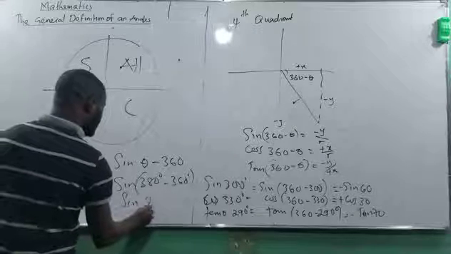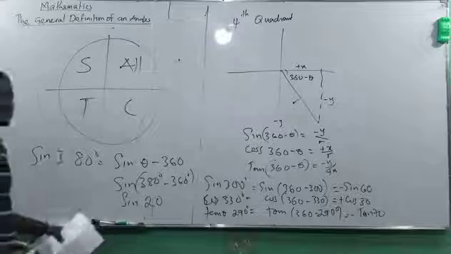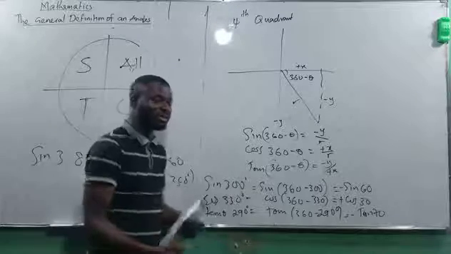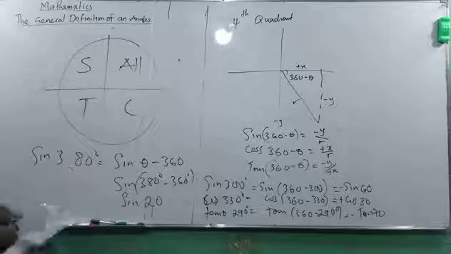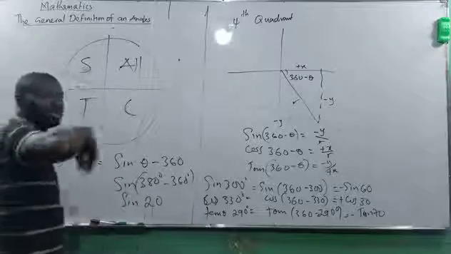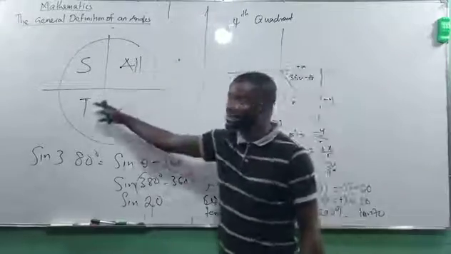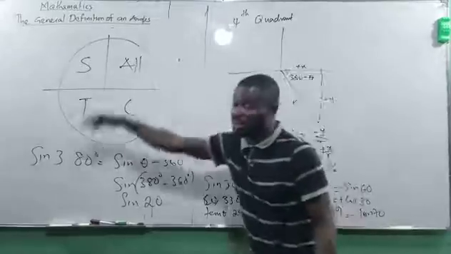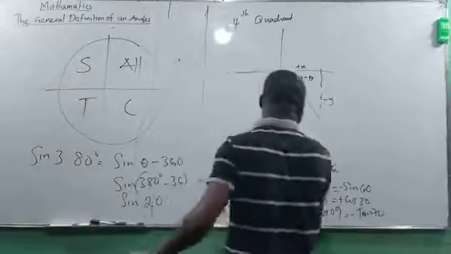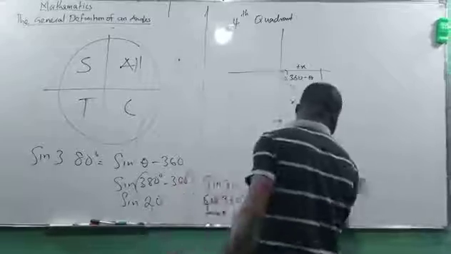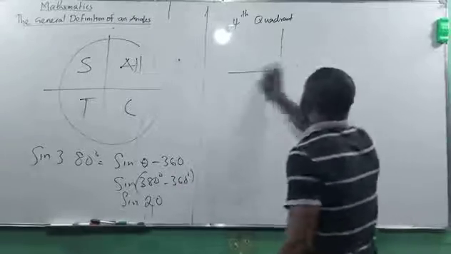When the angle is above the limit, you apply the limit. The limit is 360, because we are told that the angle at a point, the angle on a circle, is 360. Now, let me show one or two examples, and we move on to the next part of this video.